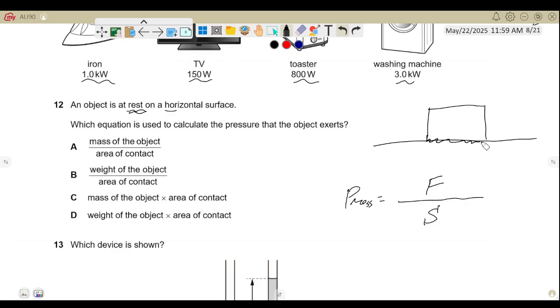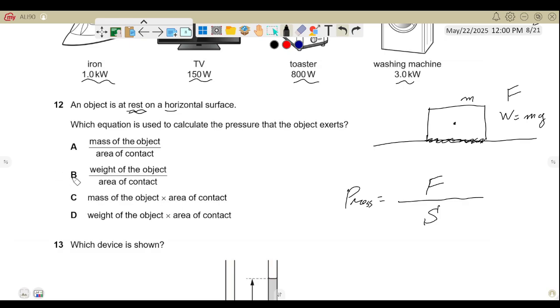For our case here, it's an object at rest. Because this object has a mass, it's applying a certain weight. The weight is mg, and this is the force for us, divided by the area of contact. This is the area of contact between the horizontal plane and the object.